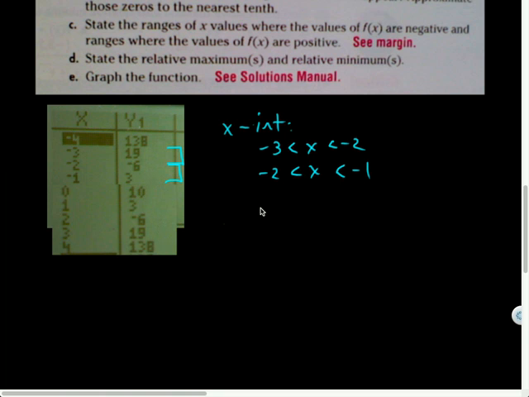From 3 to -6, the sign changes. So that's 1 is less than x is less than 2. And then from -6 to 19, the sign changes. So that is 2 is less than x is less than 3. So those are my x-intercepts. How about some maximum or maxima?